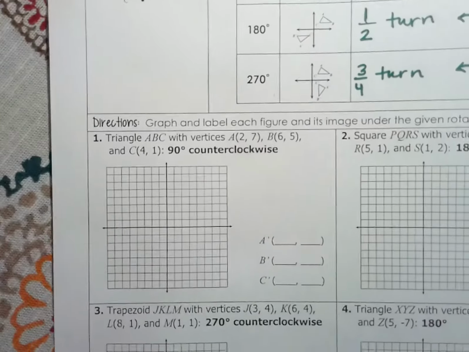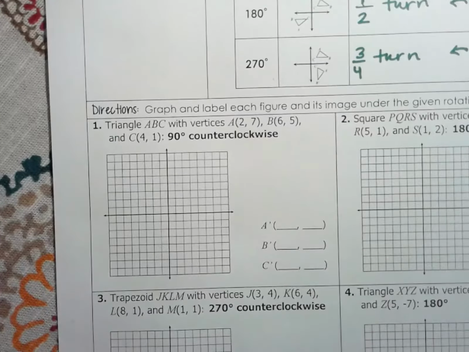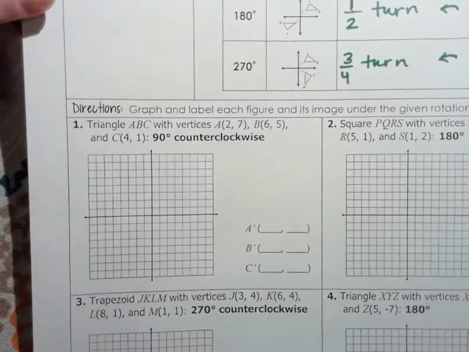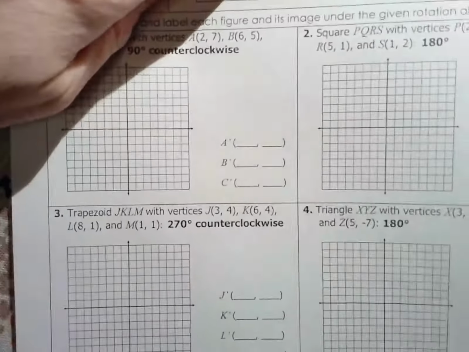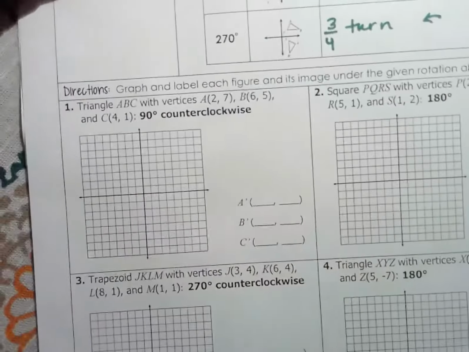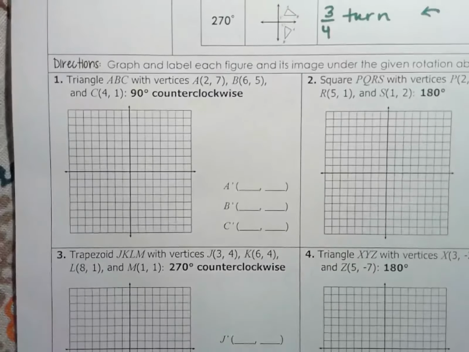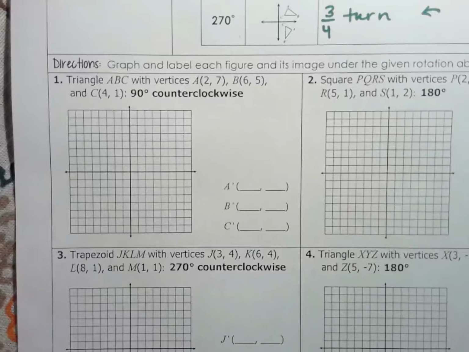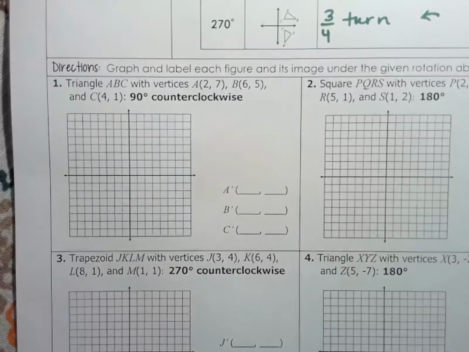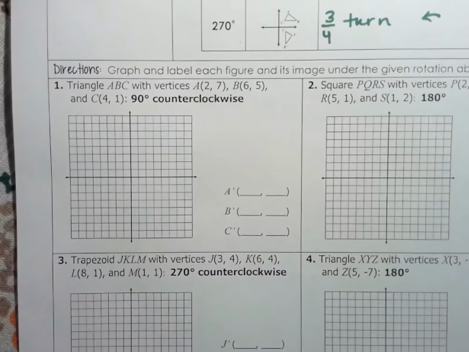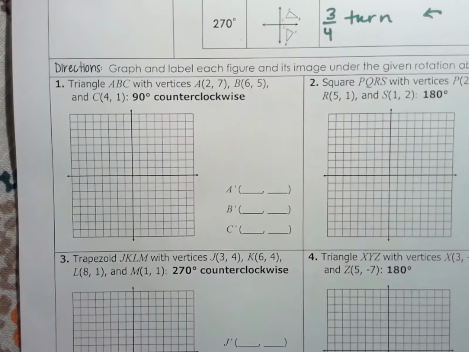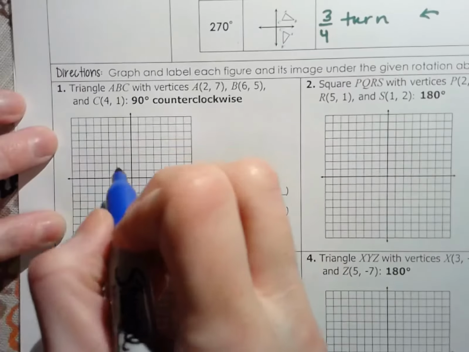All right, so let's just go ahead and get started on a problem. Number 1. It says triangle ABC with vertices A, B, and C, 90 degrees counterclockwise. So let's plot our points.